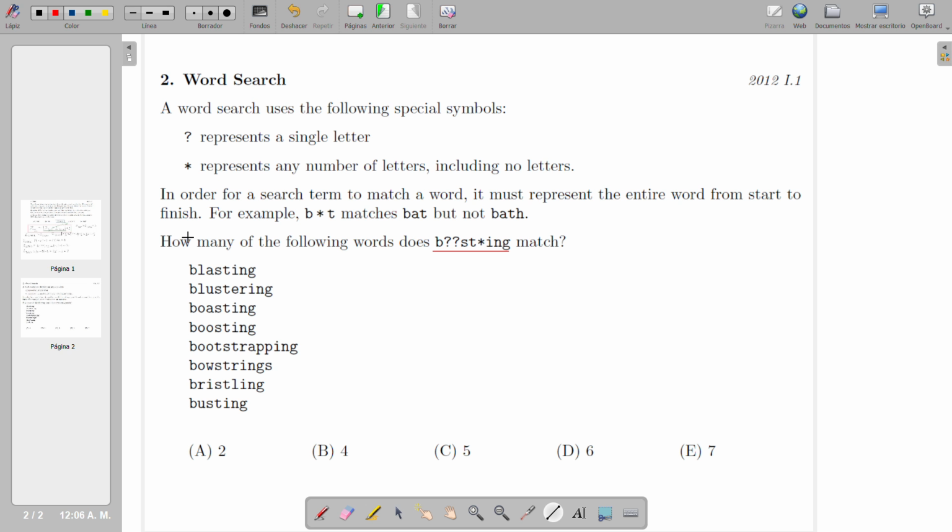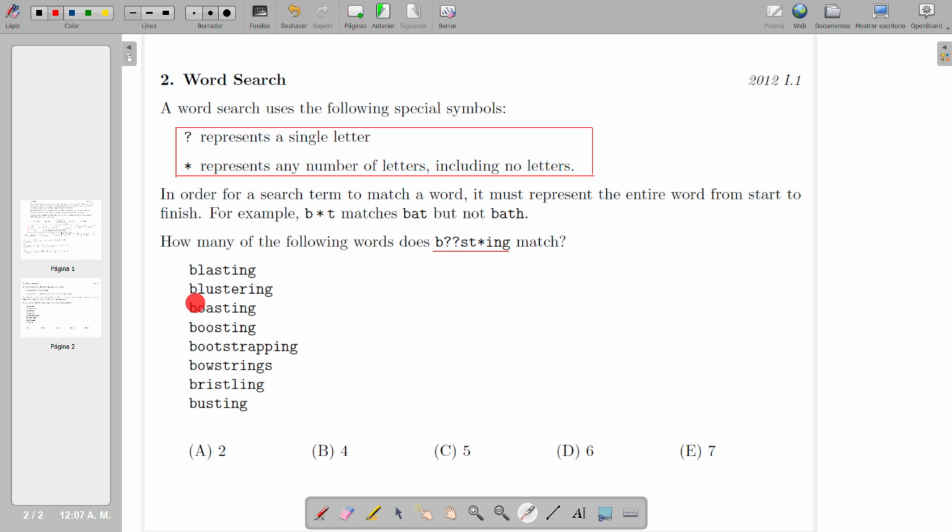Well, as I was saying on the previous video, these applying rules exercises are very straightforward. So what we have to do is to apply these rules to the set of words given.